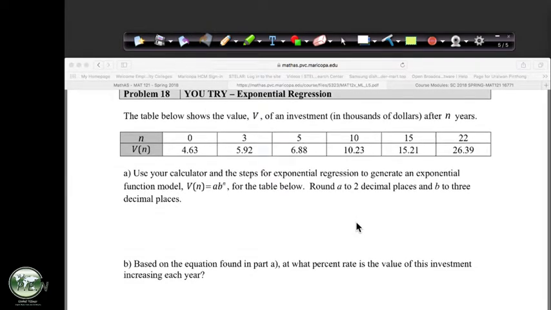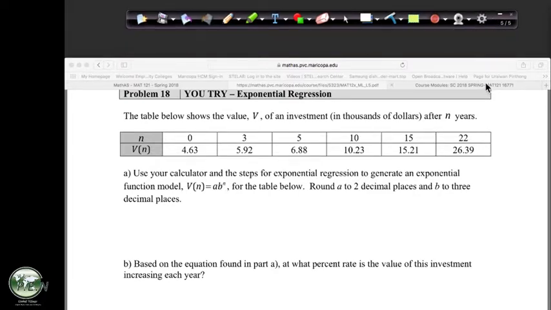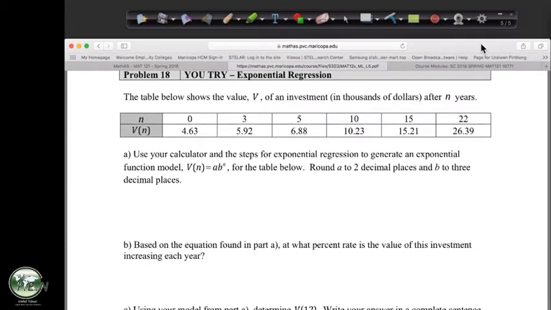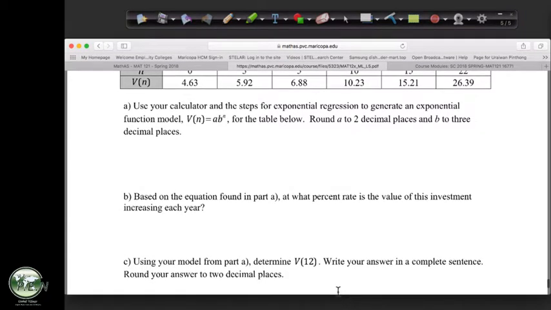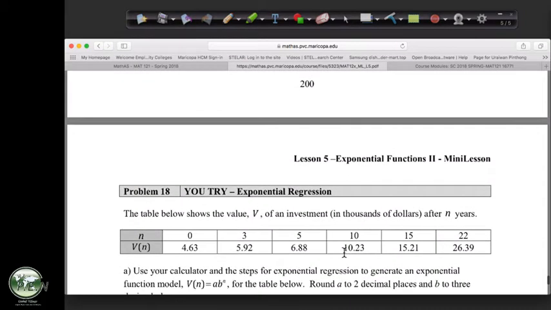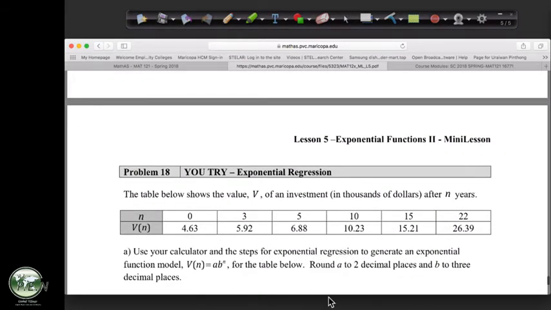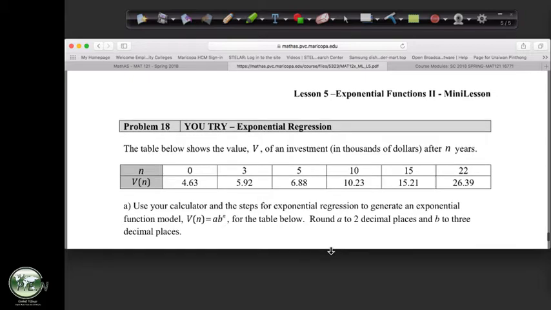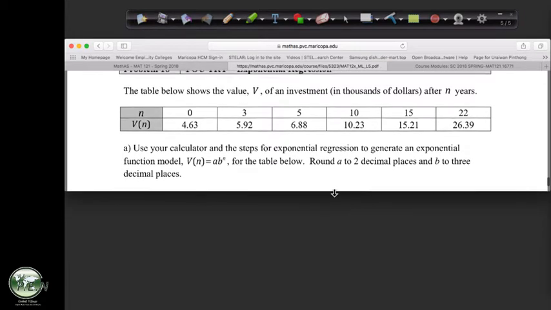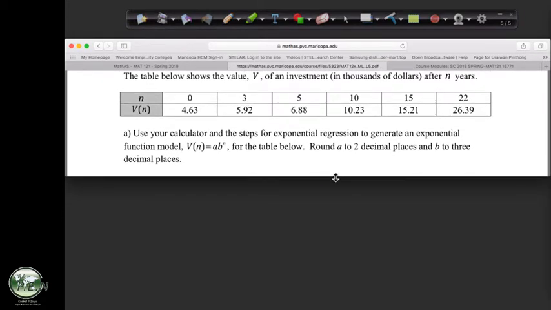Okay. What I'm going to do, if I can, let's see. Let's move that up. Let's move this up. Get this all on the same screen at the same time. Okay, so we've got this table of values.